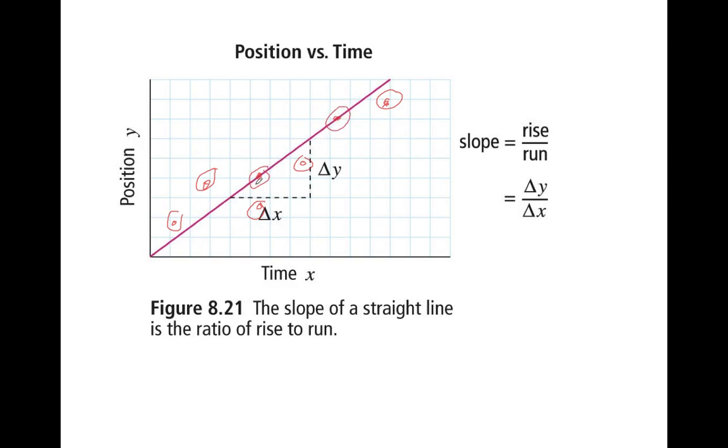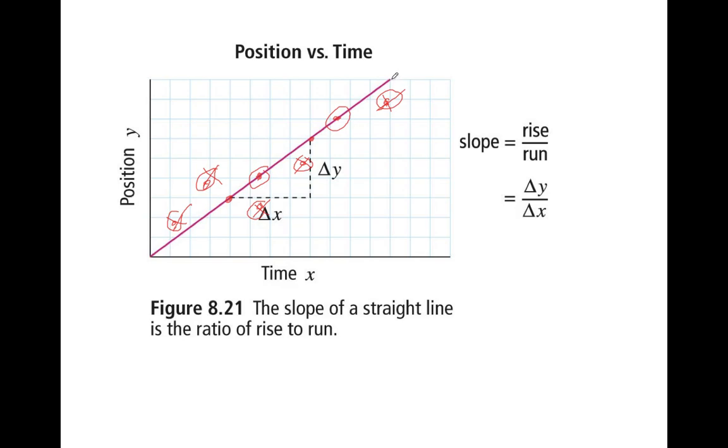Now, once you've drawn the line, you ignore all the points that are off the line, and you can use any 2 points on the line. So I can use these 2 points even though they weren't data points. Once you draw the line, you have a lot more data to work with.